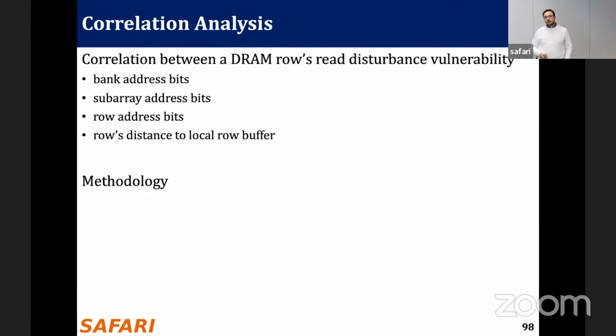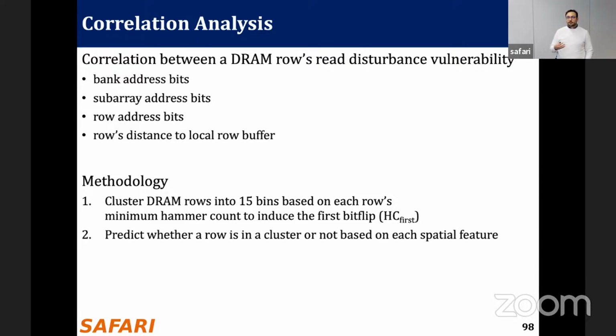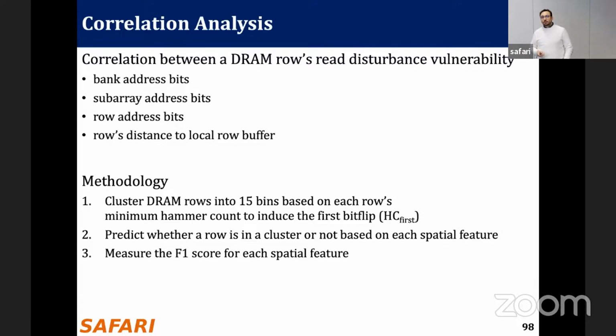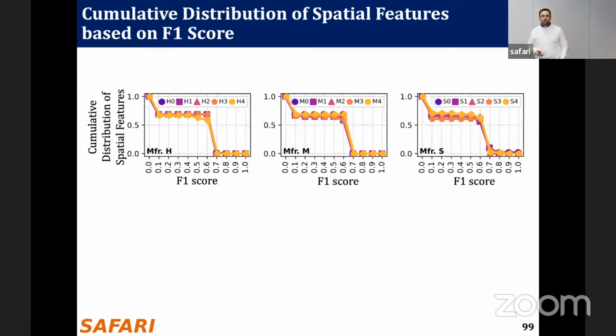Our methodology is that we first cluster DRAM rows into 15 bins based on each row's minimum hammer count in the first bit flip. We predict whether a row is in a cluster or not based on each spatial feature, and we measure the F1 score for each spatial feature. On the x-axis here, we have the F1 scores, and this is a cumulative distribution function of the spatial features across all those bits.